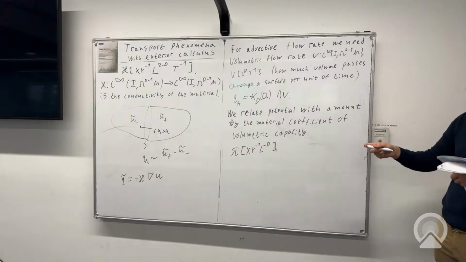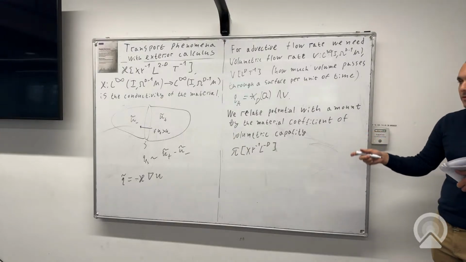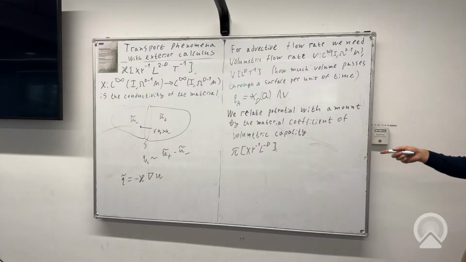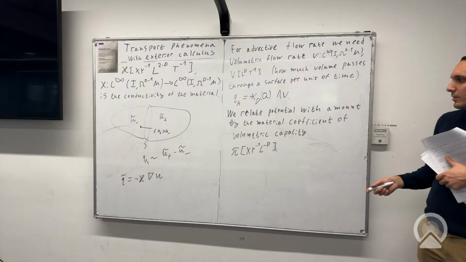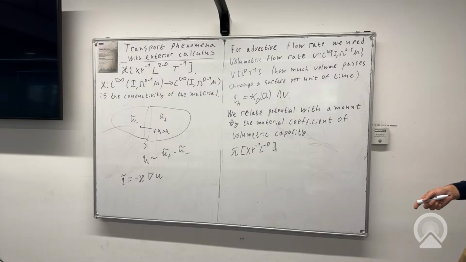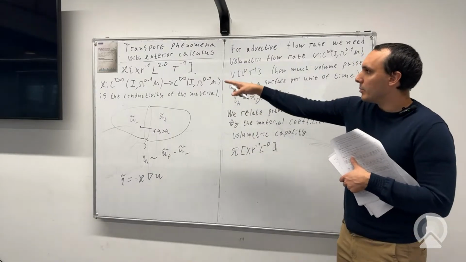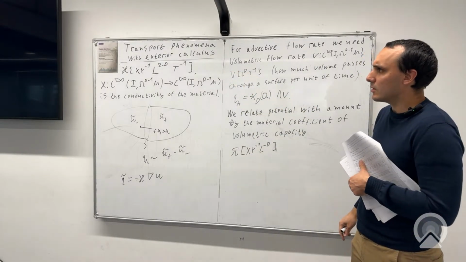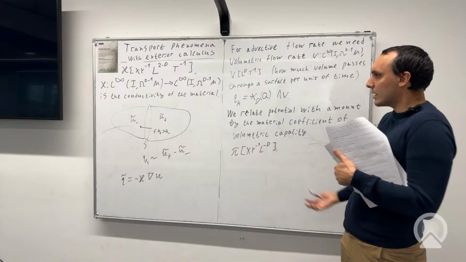At least it should be compatible. The laws have to have compatible physical dimensions and have to be compatible with standard formulations. But P and kappa, they have the same dimensions as in vector calculus because they're measurable.